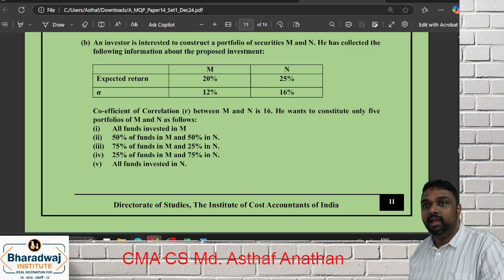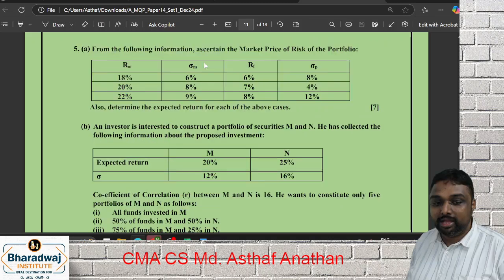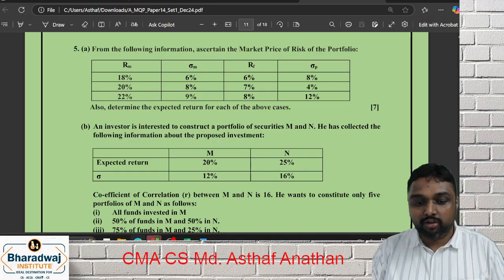Now, will we go for A? From the following information, ascertain the market price of risk index. Did we revise this question today? I told you market price is nothing but lambda. Just 5 minutes before, if you go back in the video, you will be able to find this question. This is on the basis of CML return, so you have to find the CML first.